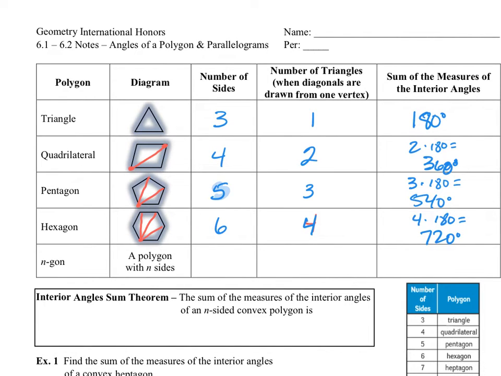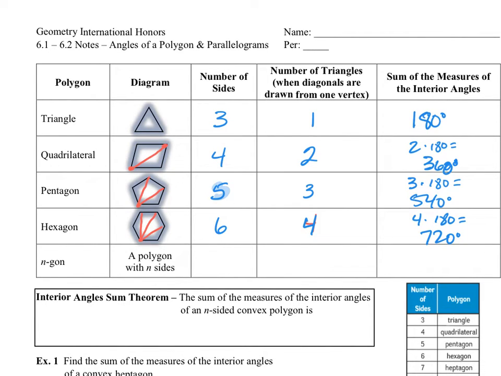Okay, so I think you can kind of see the pattern here. If you look at this column and this column, you'll notice that the number of triangles created when we draw all diagonals from one vertex is always 2 less than the number of sides. And then when we try to get the sum of those interior angles, we take 2 less than the number of sides and multiply it times 180.